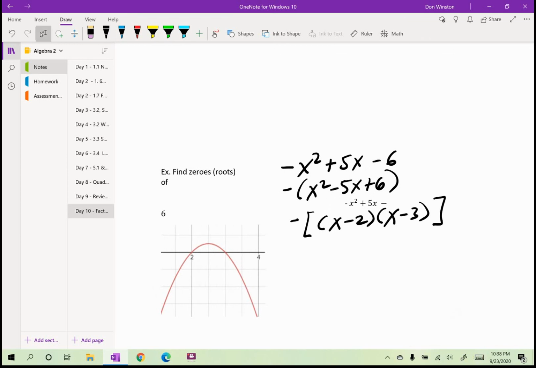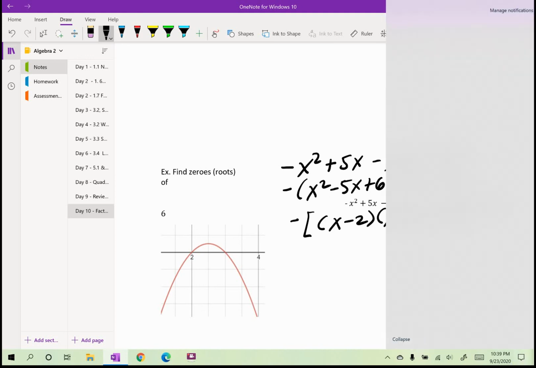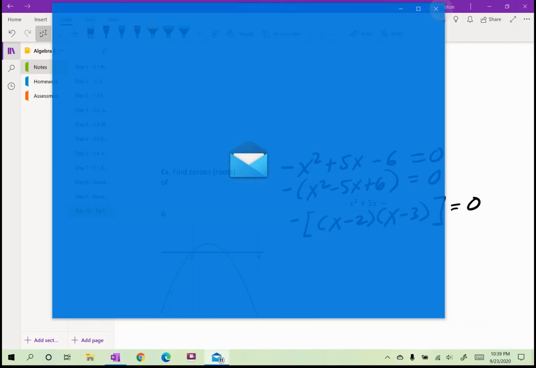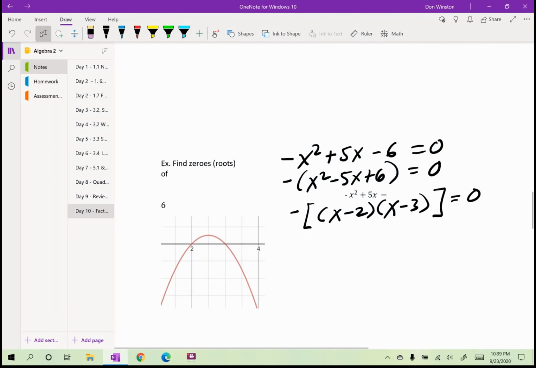Again, we're finding the zeros, so I should set the equation equal to 0. Negative x squared plus 5x minus 6 equals 0. I forgot to do that. We are finding the zeros here. One side of that equation has to equal 0. All right, and so what we do, we just set each factor equal to 0. I have x minus 2 and x minus 3.